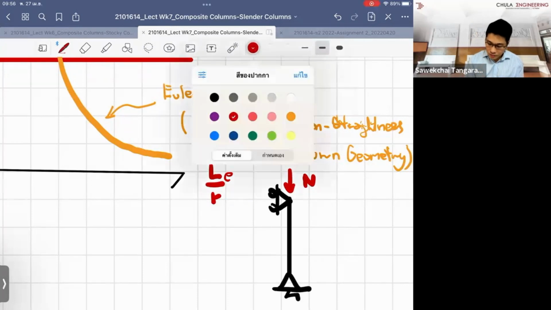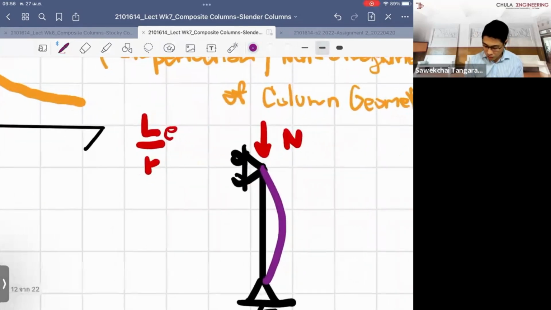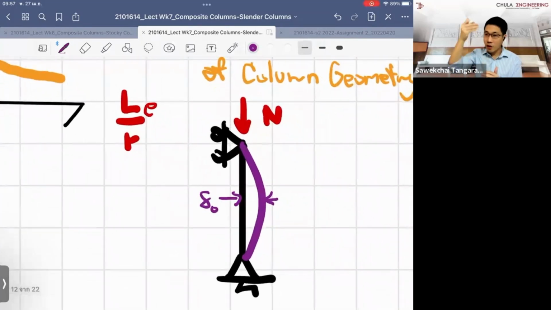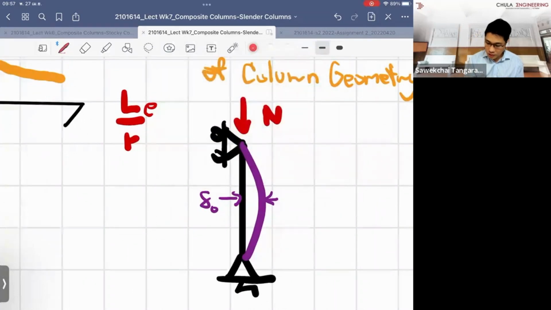But somehow the initial condition that it came with has what is called an initial imperfection. And when we load the axial force further, this initial imperfection starts to enlarge more.